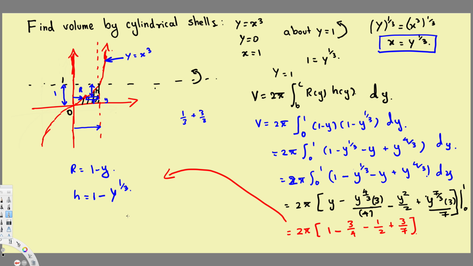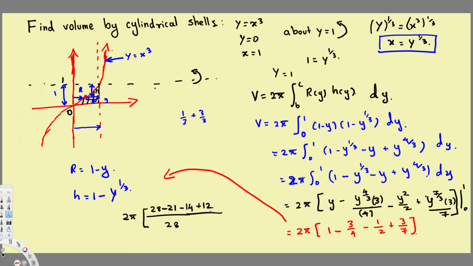With 28 as our common denominator, the first value is going to be 28 minus, this is going to be multiplied by 4, 7 times 3 is going to be 21. And then this is 28 over 2, which is 14, so 14 times 1 is going to be minus 14. And then this is going to be 4 times 3, which is 12.